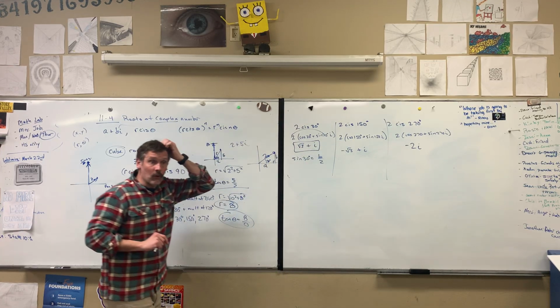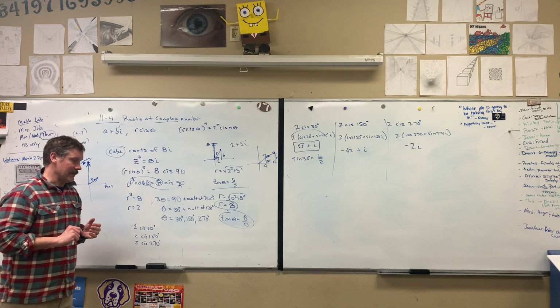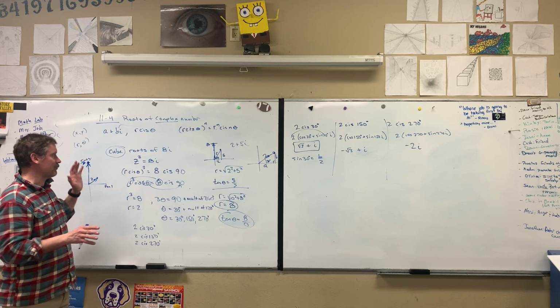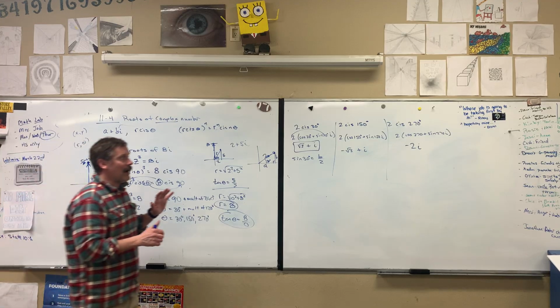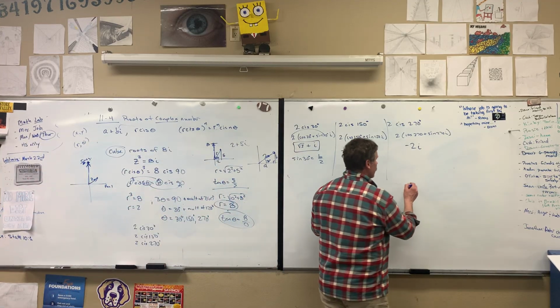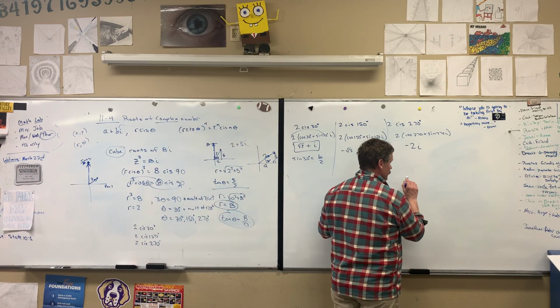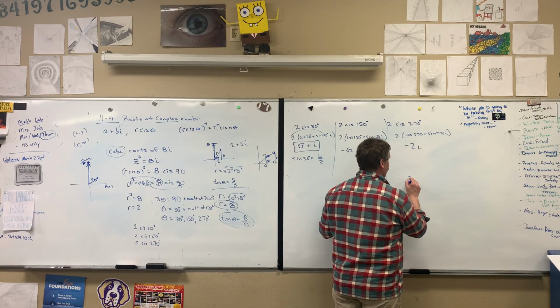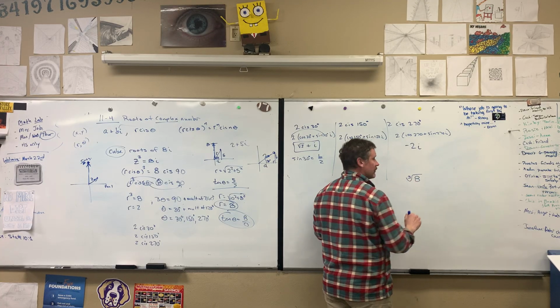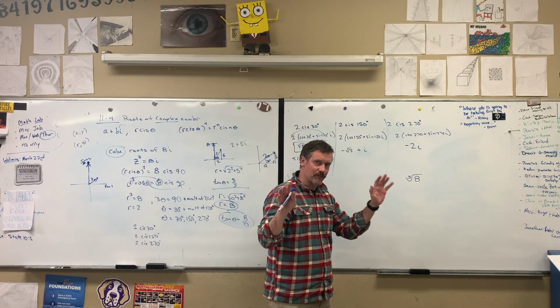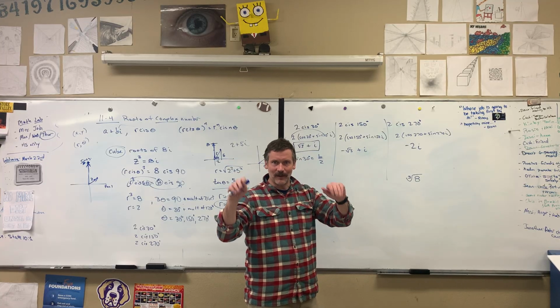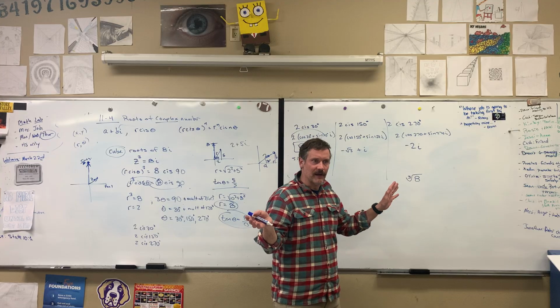So with this, okay, let's think about this, kind of try to pull it all together, what we're doing. If I said, what is the cube root of 8? If I'm just asking for the cube root of 8, hopefully all of us know, forget cis, polar, rectangular, imaginary, just say, hey, what's the cube root of 8? 2.